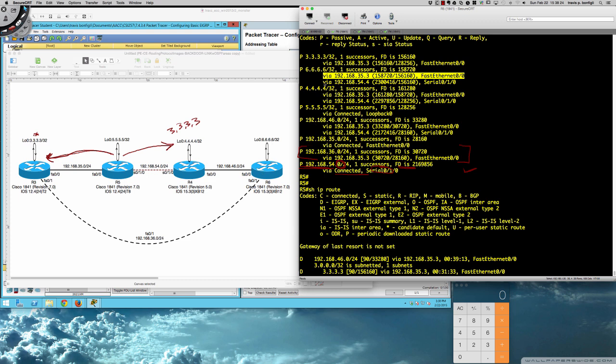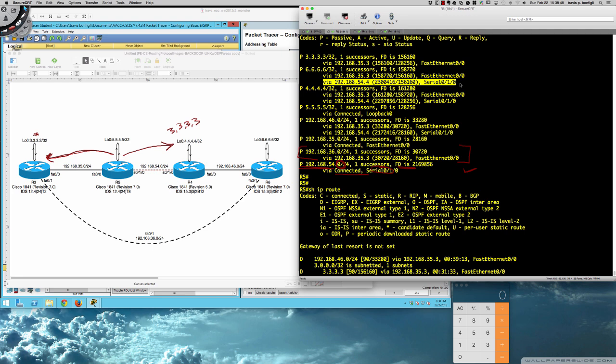However, he also has a feasible successor, and that's why this route is displayed here. If they had the same cost, you would have multiple successors. So instead of saying one successor, it would say 2. Or if we had 3 paths to get there, it would say 3.